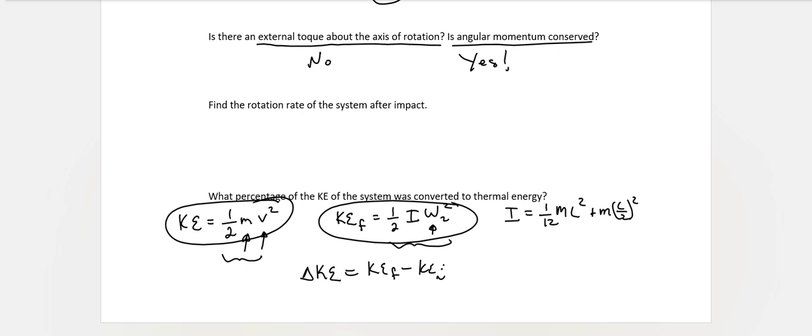Then to actually answer the question, what percentage of the kinetic energy was converted to thermal energy? Take the difference in kinetic energy, divide by KE1, because that's how much kinetic energy we started with, times 100%. I'm going to leave this as an exercise to the viewer to get a value for that.